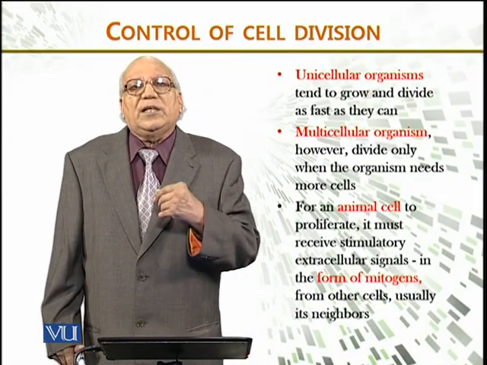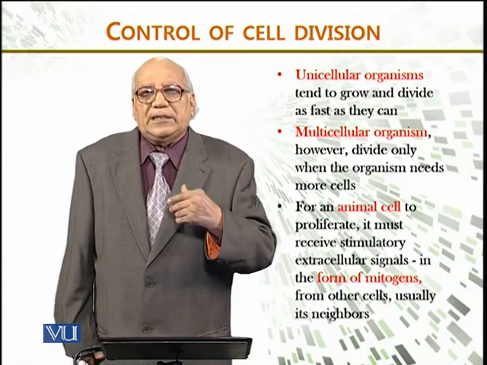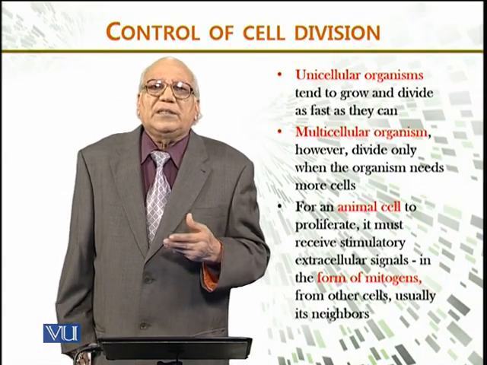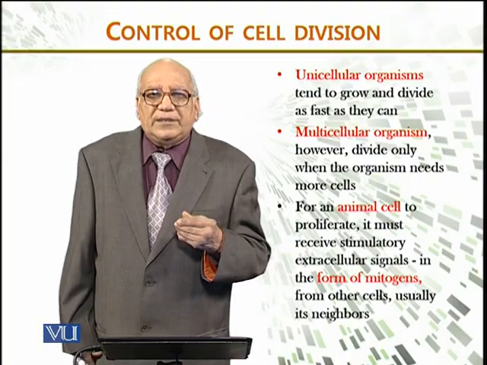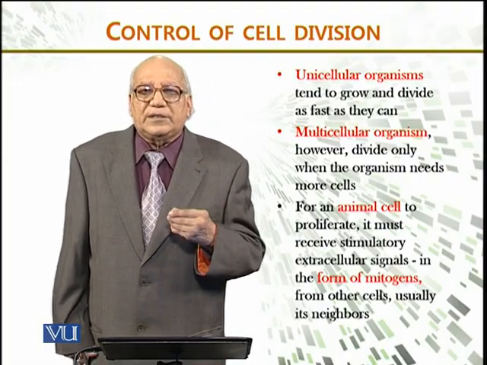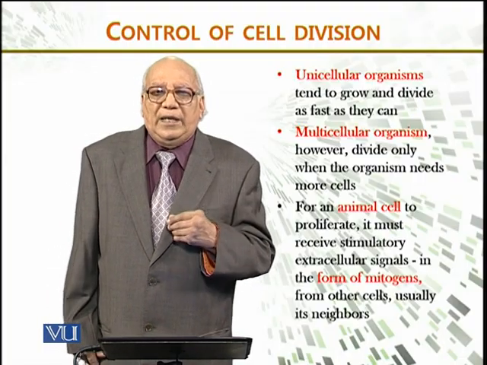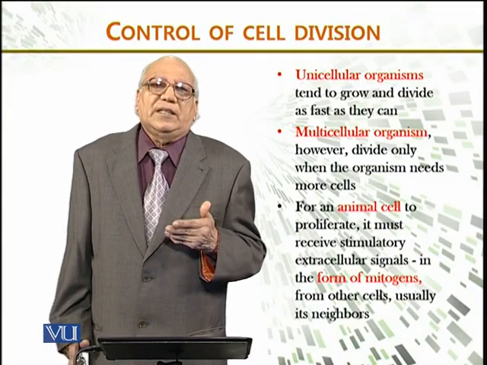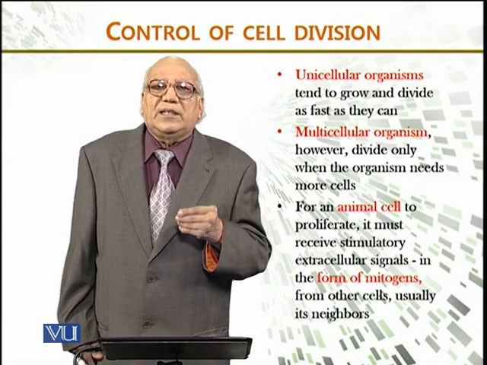Now, there are different types of organisms. Unicellular organisms like bacteria, yeast, and like this, they tend to grow and divide as fast as they can. उनमें कोई इतना कंट्रोल नहीं है.